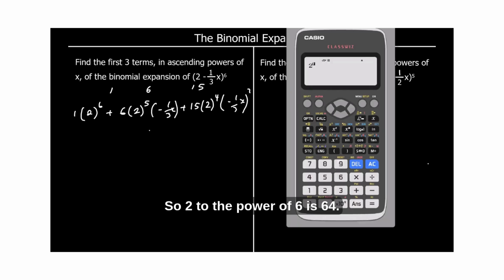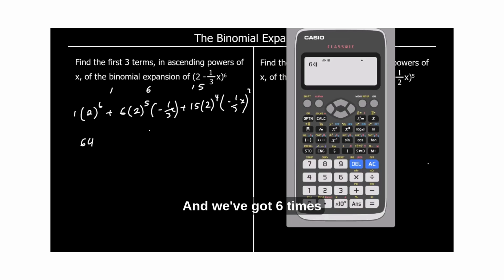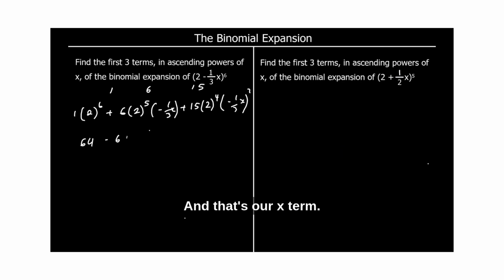So 2 to the power of 6 is 64. And we've got 6 times 2 to the power of 5 times minus 1/3 to the power of 1. So that's negative 64, and that's our x term.